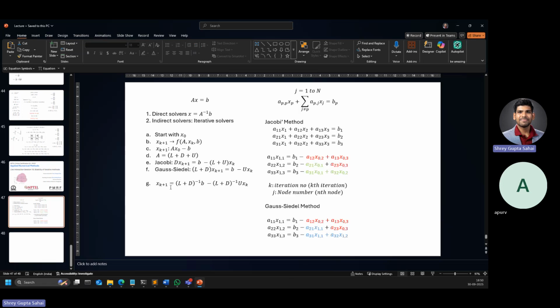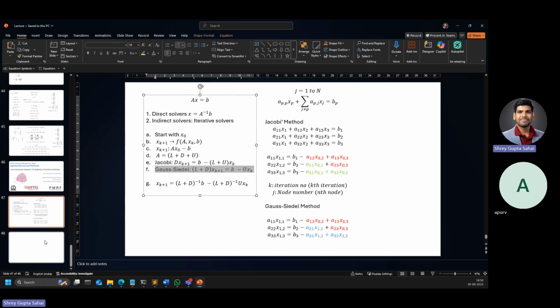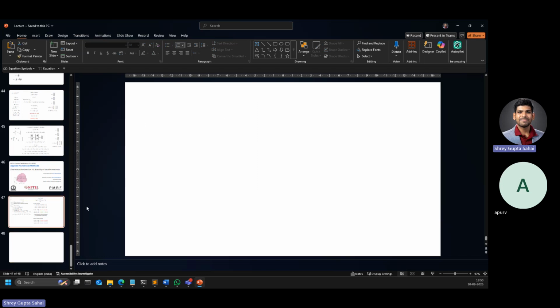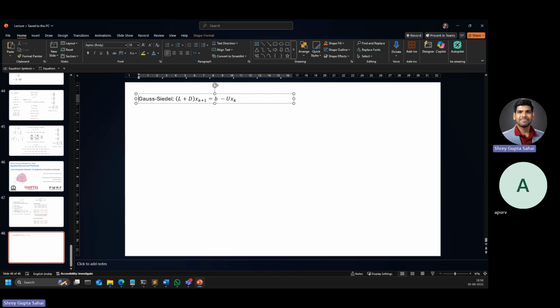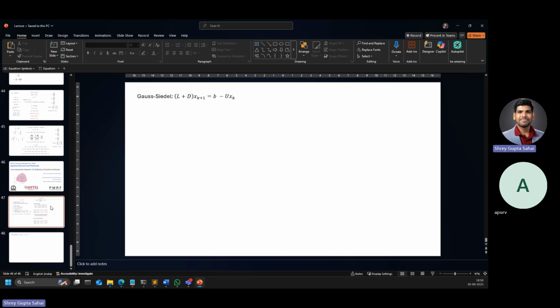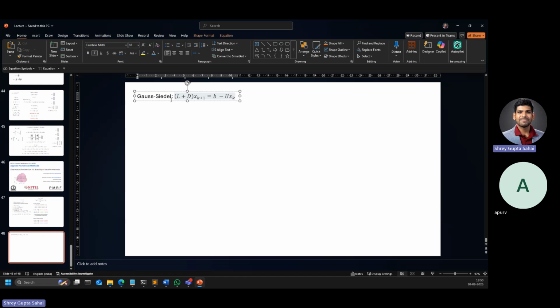Gauss-Seidel is the iteration scheme the Scarborough criteria is in regard to. So it is associated with Gauss-Seidel iteration. And still we are trying to solve Ax equals b. So don't forget that.